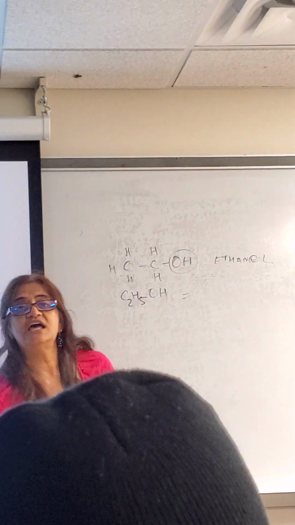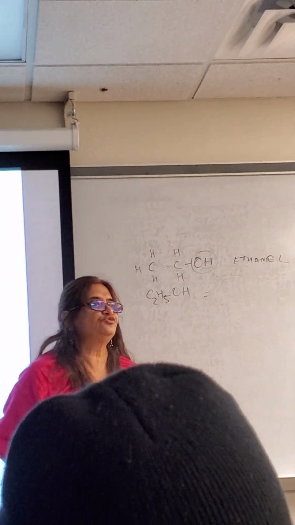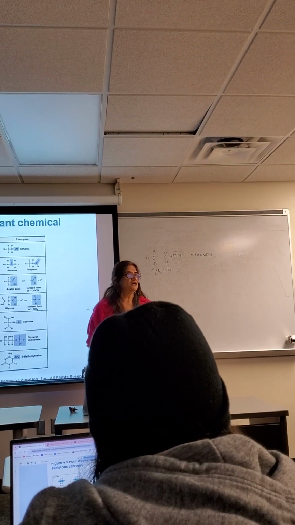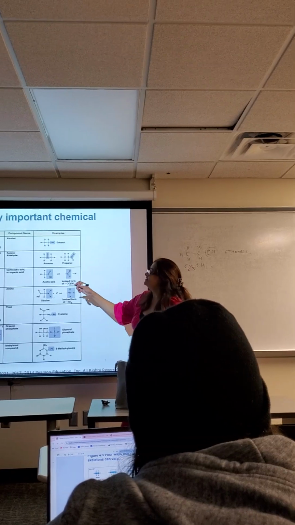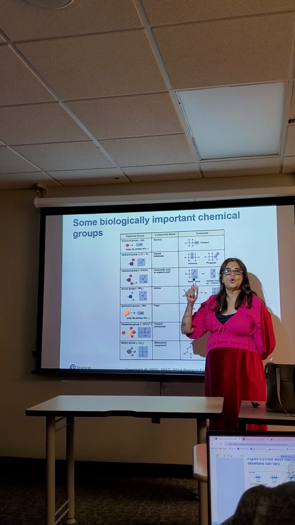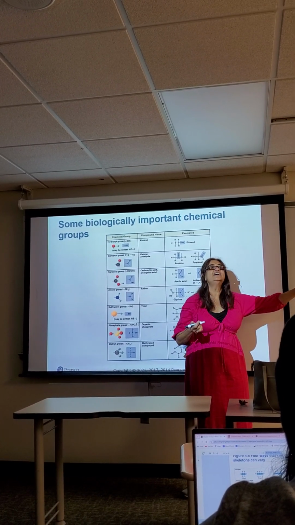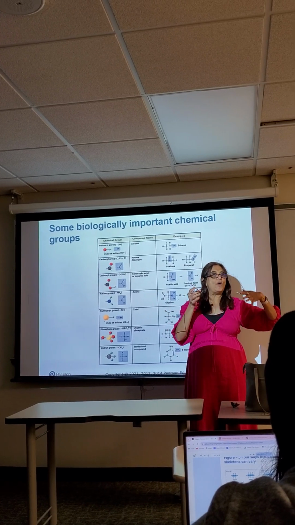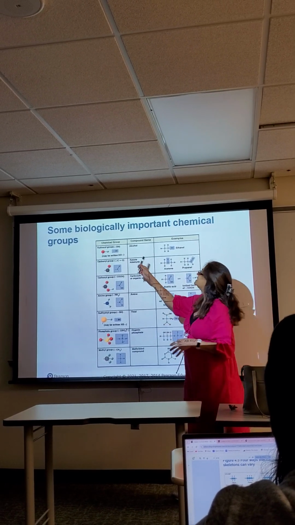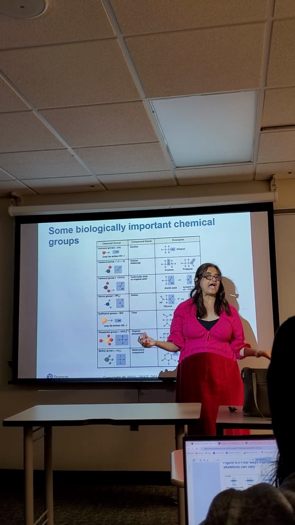And ethanol is the liquor, the alcohol that people like to drink. Make sense? By adding this OH or hydroxyl group, we can change the chemical properties of ethane. Normally ethane is a gas, but when you add this alcoholic group, the hydroxyl, it becomes an alcohol.